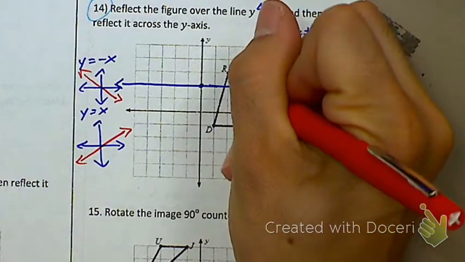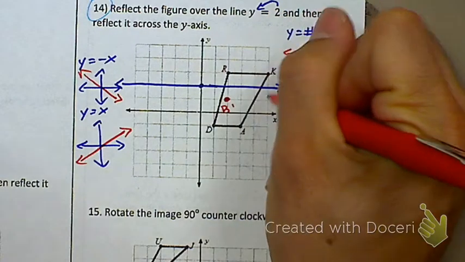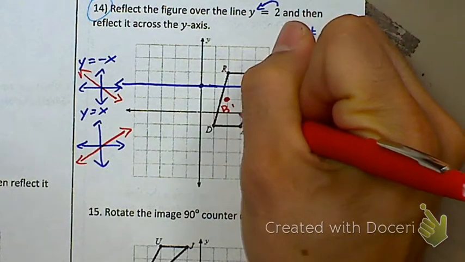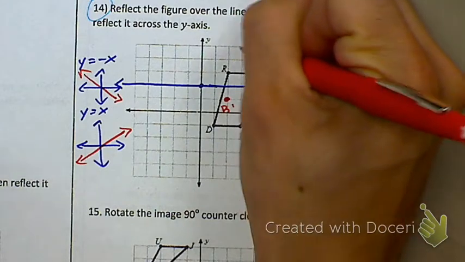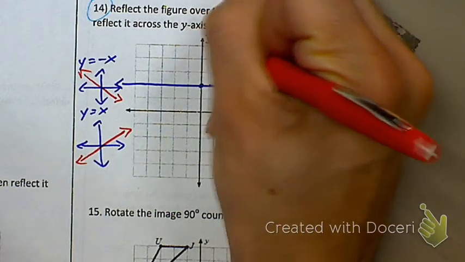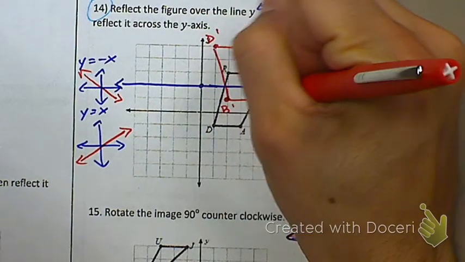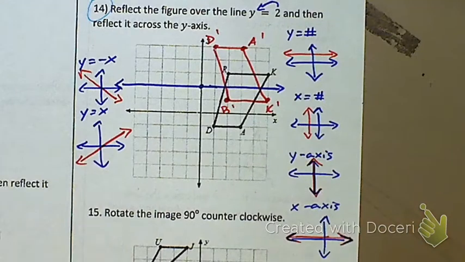Reflection over this line. If R is up here, it ends down here. K ends here. A is 1, 2, 3, so 1, 2, 3. Then reflect over the y-axis.